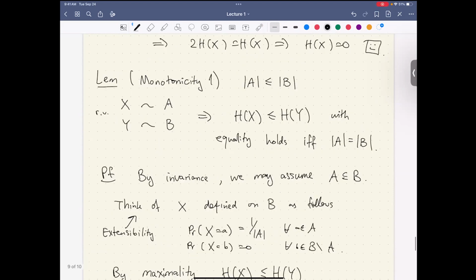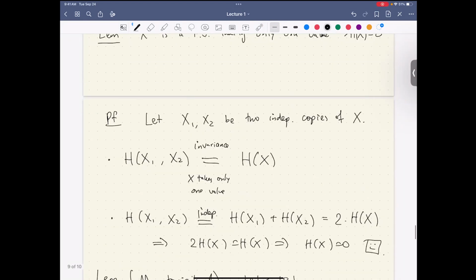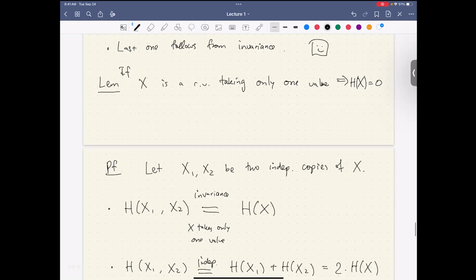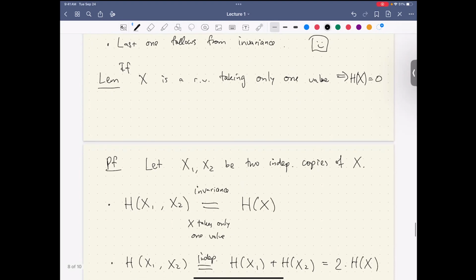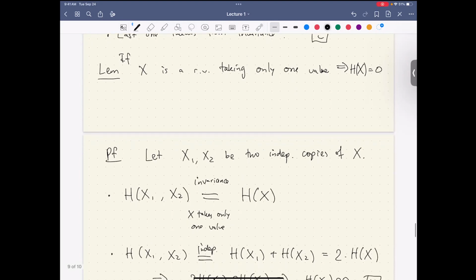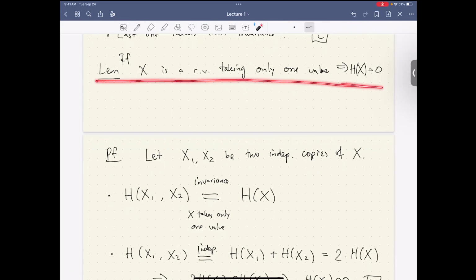if A is of size 1. Why? If A is of size 1, then by the previous lemma, X is uniformly distributed over a set of size 1. It takes one value, entropy is 0, right?